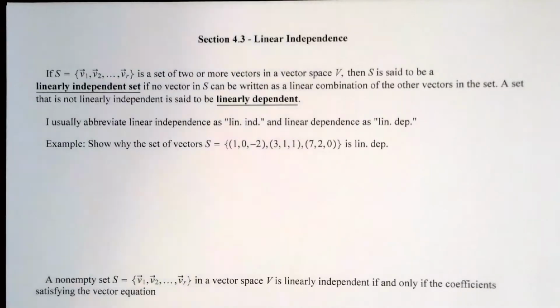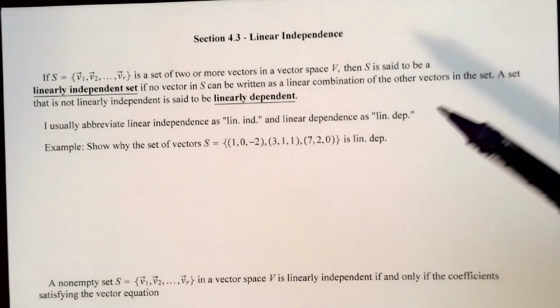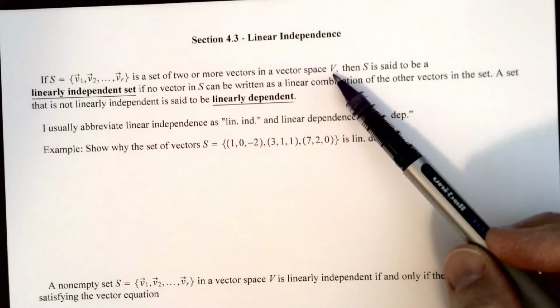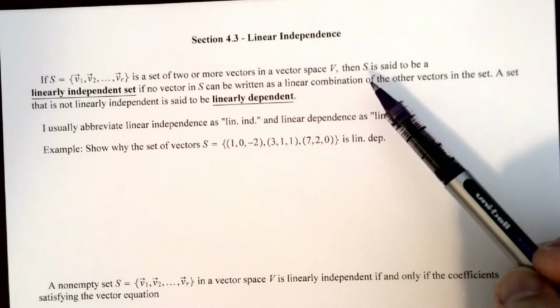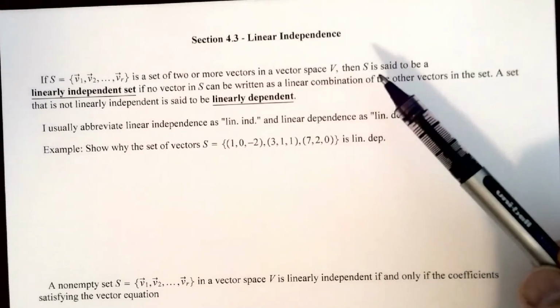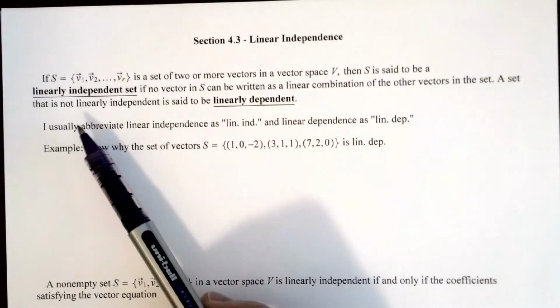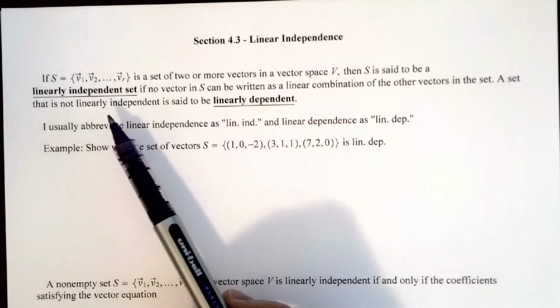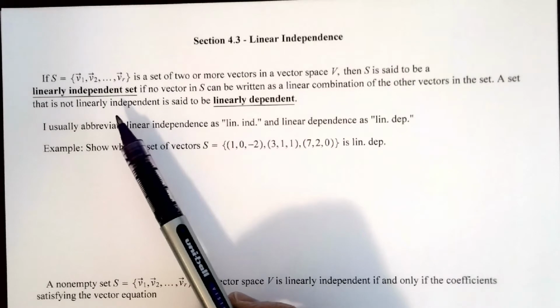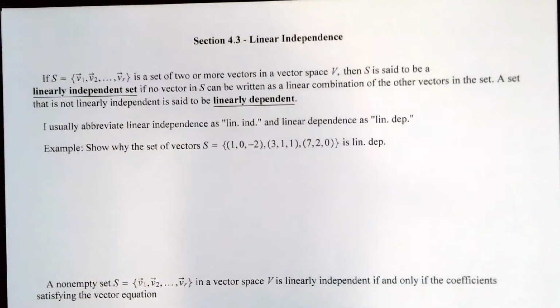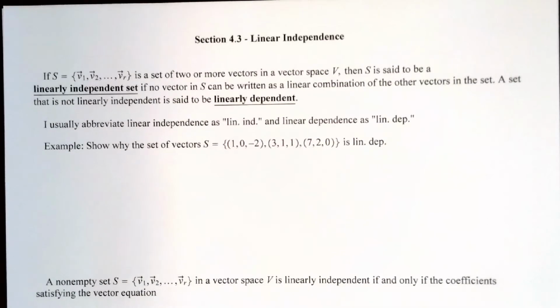If I have a set of vectors in a vector space, V, then that set of vectors, or the vectors themselves, are said to be linearly independent, or the set is a linearly independent set, if no vector in that set can be written as a linear combination of the other vectors in the set.